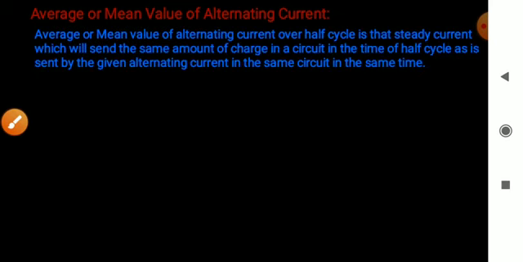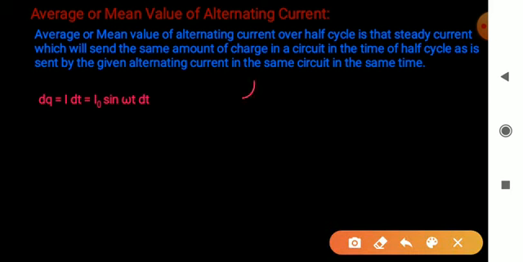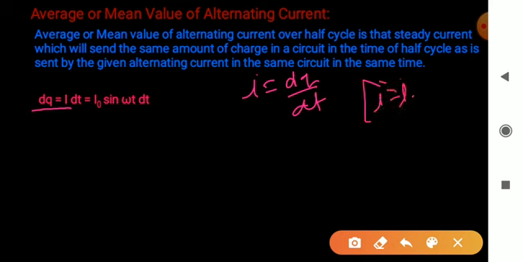So now let's find the average or mean value of current. For this, we have the instantaneous value of current given by I equal to dq over dt. Okay, from this dq equals I dt, and we have I equals I naught sin omega t.